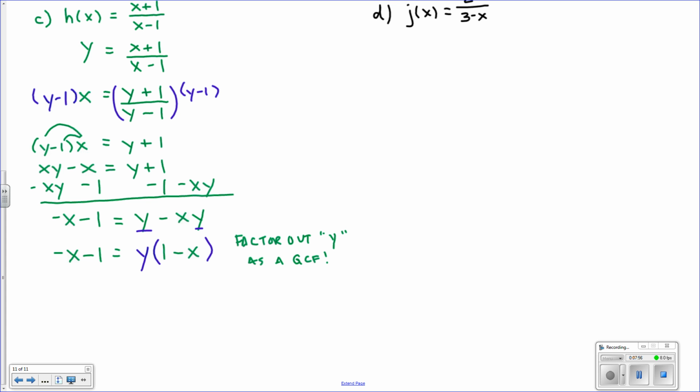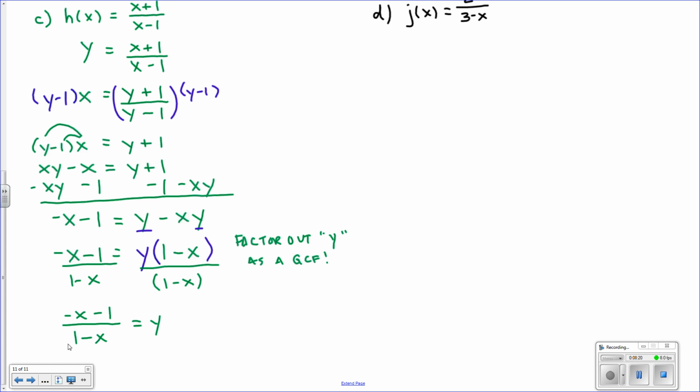And then we're going to just divide each side by 1 minus x. And in the end, we're looking at negative x minus 1 over 1 minus x equals y. To write it in function notation, we'll go back up to the top.